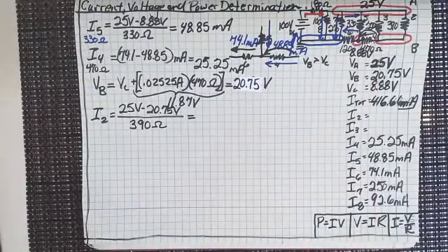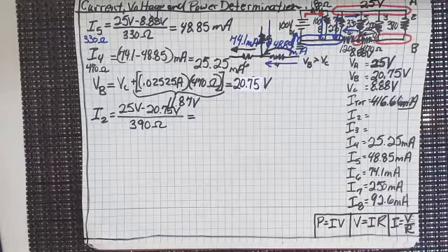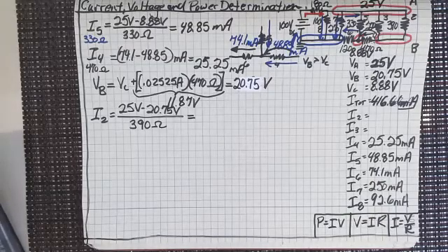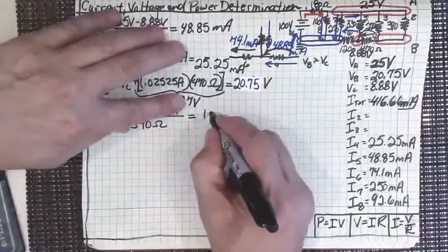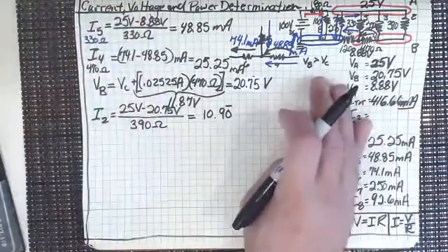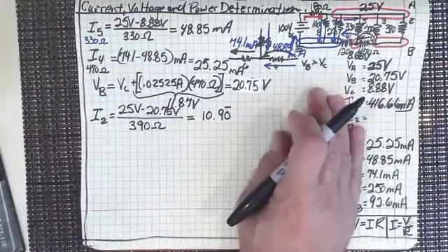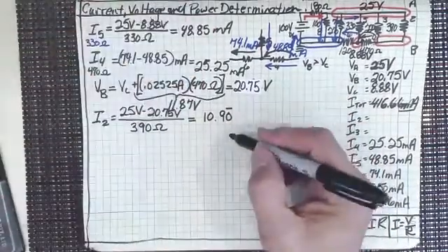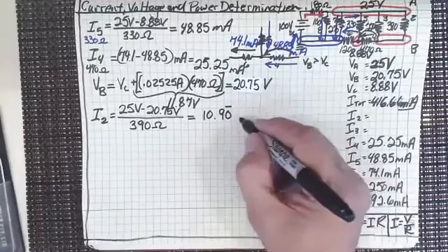So that really leaves us 4.25. 4.25 volts divided by 390 ohms is 10.90. I'm going to put a line over that 0 because it's a significant digit. I want everyone to know that. Milliamps.